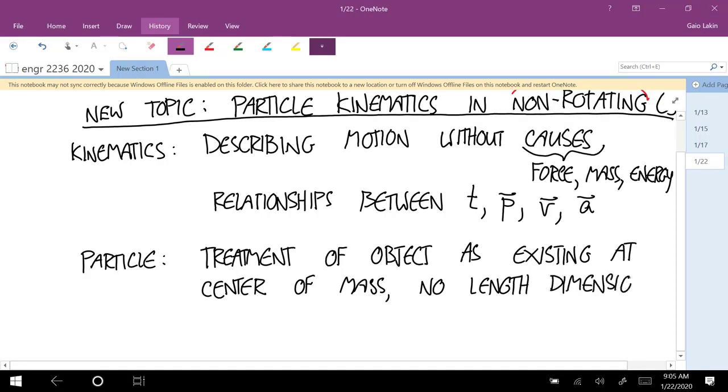So it's the size of a point, you know, it has no size at all, and it's just moving around, and it represents the center of mass of the object. And this is kinematics, so we're not dealing with mass yet, but a particle does have mass. It just doesn't have size.